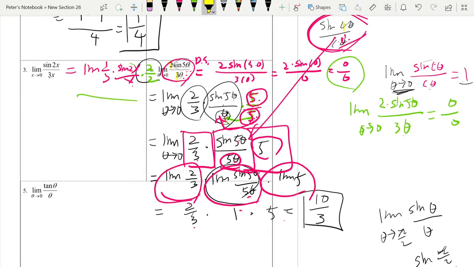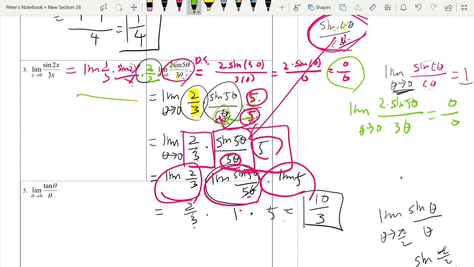So I have 2 over 3 factored out first, which will give me sine 5 theta over theta. So I almost have that form, but I need to make this into 5 theta. So what I do with the manipulation here is multiply by 5 over 5 so that I can borrow that 5 to get the 5 theta.